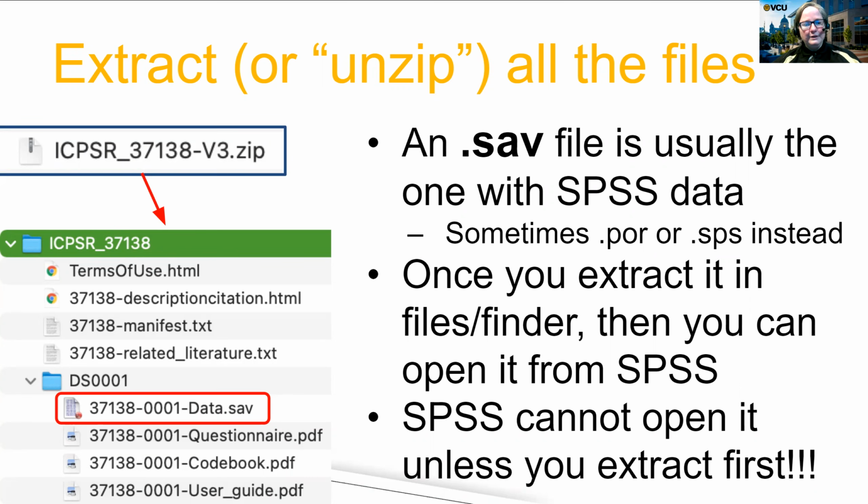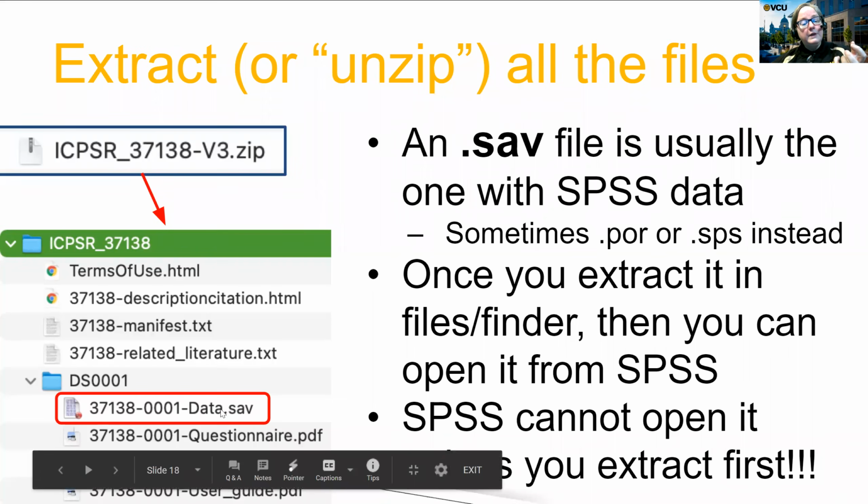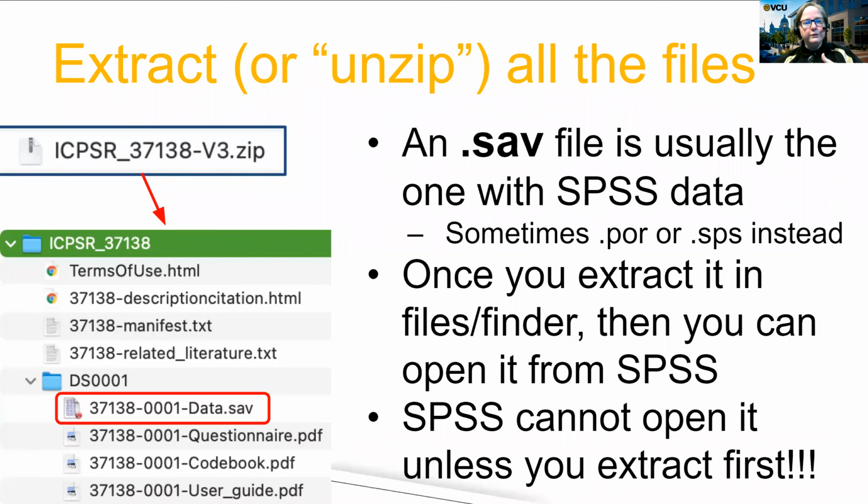So you have to have unzipped that zip, not just be able to see this data .sav. In Windows, you can see it without actually having unzipped it, which is very confusing. In Mac, typically it will try to unzip it automatically, but on Windows machines, just because you can see it doesn't mean it's been unzipped.